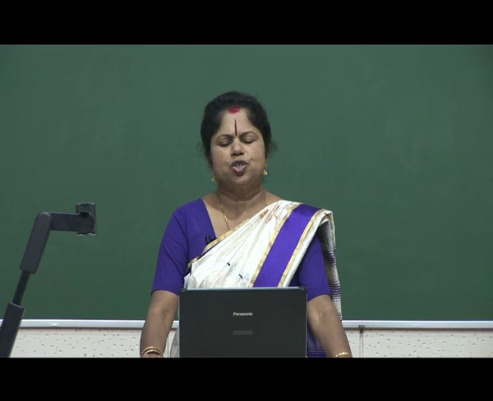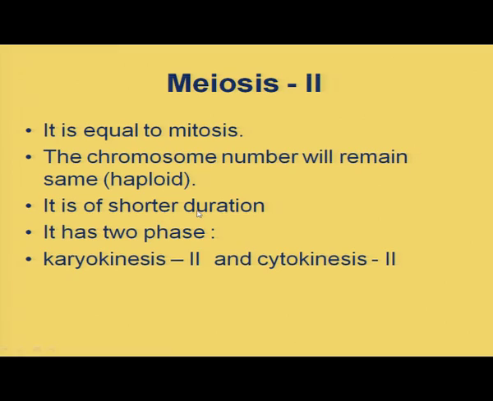So, this meiosis 2 is of shorter duration and it has again two phases. What will be the phases? Nuclear division, karyokinesis 2 and cytokinesis 2. What does this 2 indicate? Yes, of course, it is the second nuclear division.